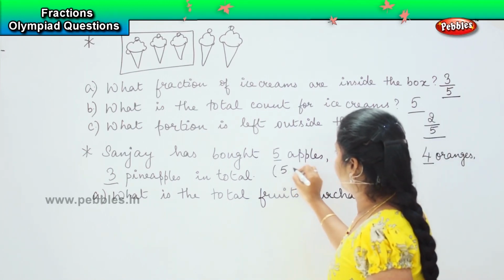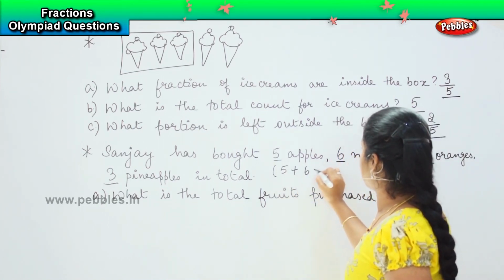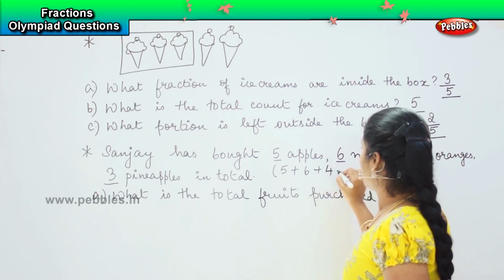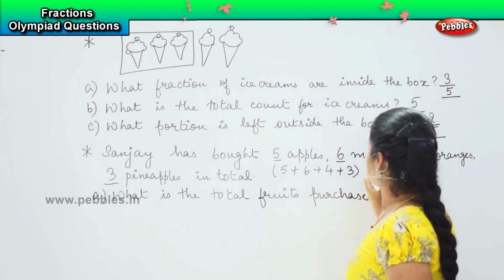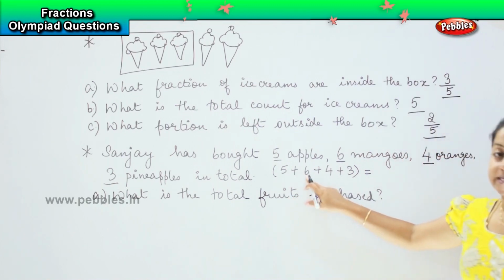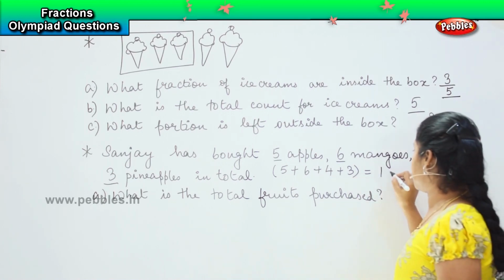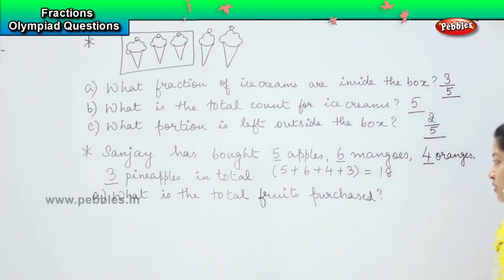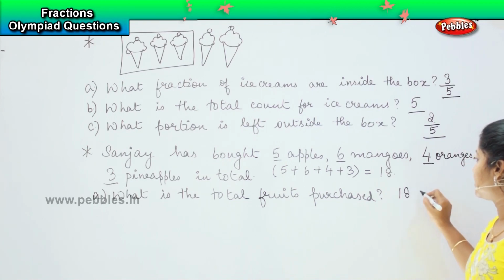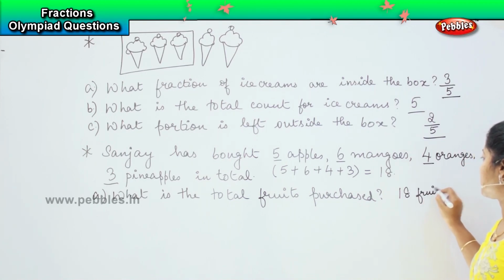So it is 5 plus 6 plus 4 plus 3. So how many in total? 5 plus 6, 11. 11 plus 4, 15. Then plus 3, 18. I have 18 fruits in total. So my answer is 18 fruits.